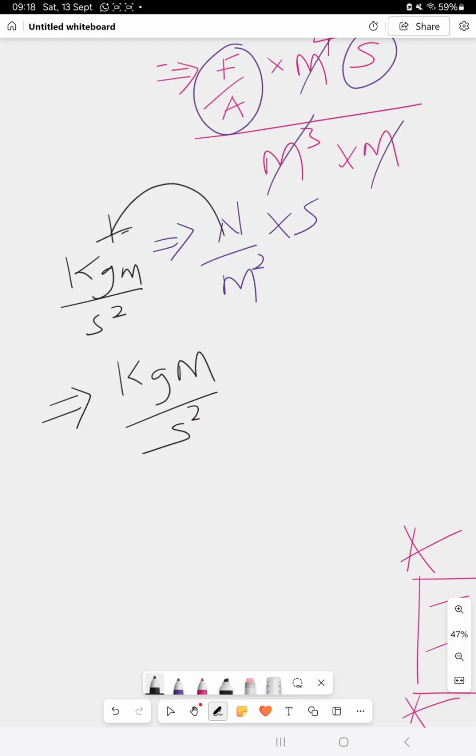Then we have this meter squared, then we have this S. S is of course on top here. Please take note of this. This Newton is the same as this part here. Then this meter is for the area, and this S on top.